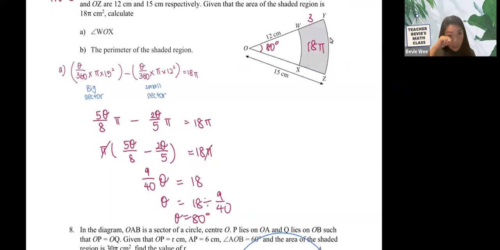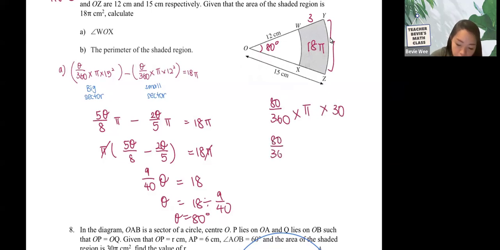Okay, then after that, the next one, they're asking for the perimeter of the shaded region. So you need to find the two separate arc lengths, the big arc length and the small arc length. So the big arc length, which is this one first, it's 80 over 360 pi d. The small one, same, 80 over 360 pi d.